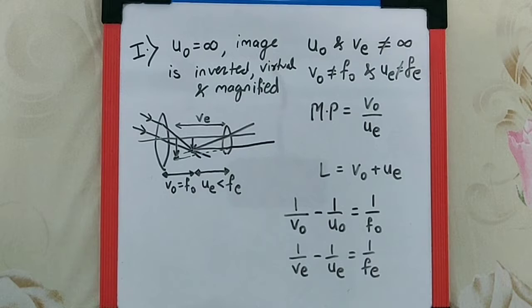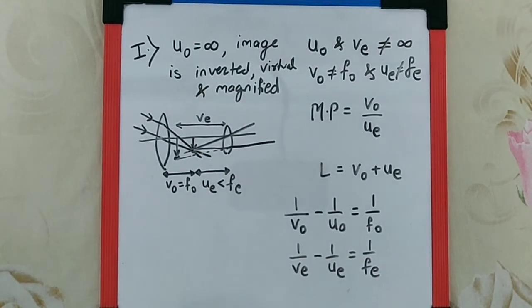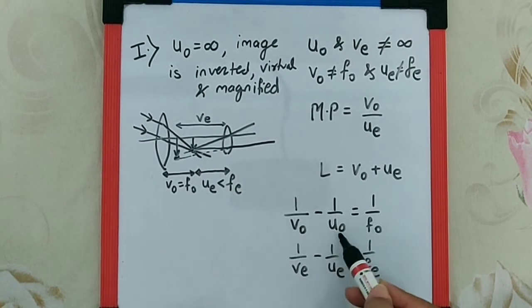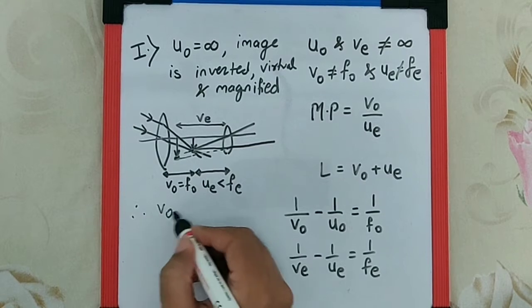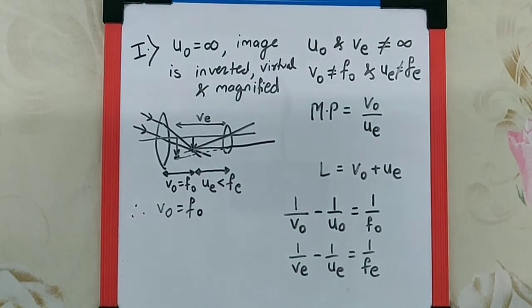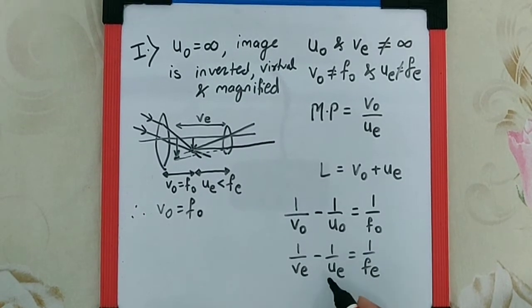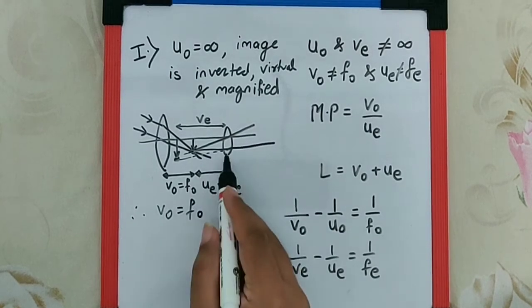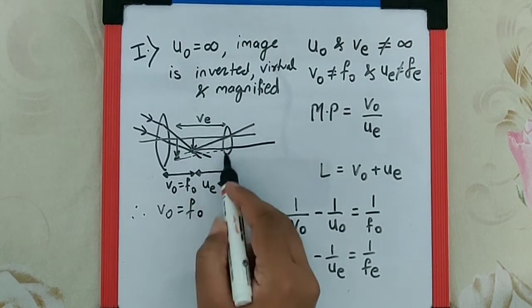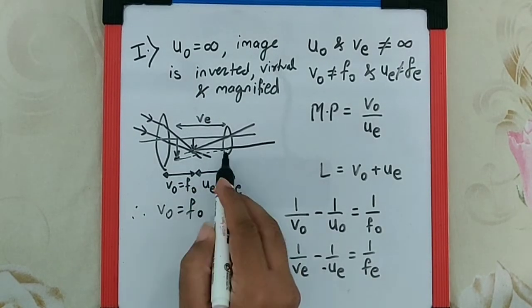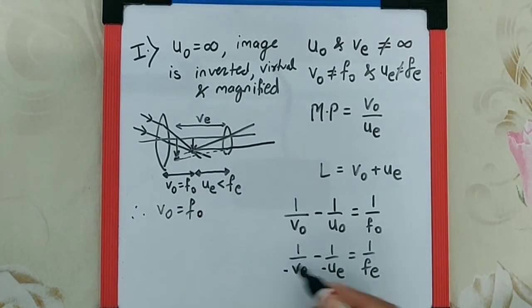So now if we take this case into consideration, definitely we have to use the Lensmaker equation, for which since UO is infinity, we can say VO is still FO. But since VE is not infinity, we have to use this equation where UE is going to be negative because it is on the left hand side of the eyepiece. VE is also going to be negative because it is again on the left hand side of the eyepiece.